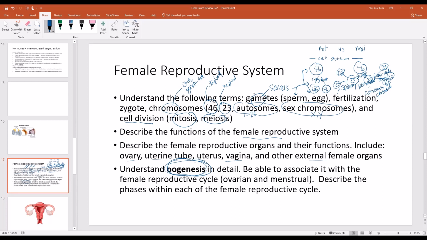The female reproductive system is much more difficult than the male reproductive system because in the female, you're not only keeping track of the egg versus the sperm, but there are 2 reproductive cycles happening, the ovarian cycle and the menstrual cycle, okay? So there are multiple things happening that you have to keep track of, and that's why oogenesis is much more difficult to learn than spermatogenesis, because spermatogenesis is just the sperm. Make sense?